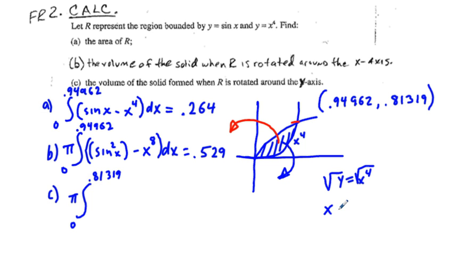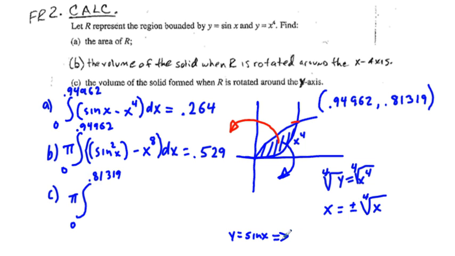So we're going to have x equals plus or minus the fourth root of y, so that's going to be this one here. And as far as the other function, we have y equals sine x.